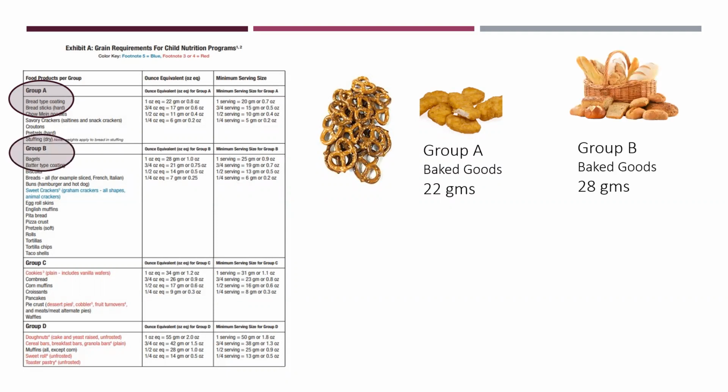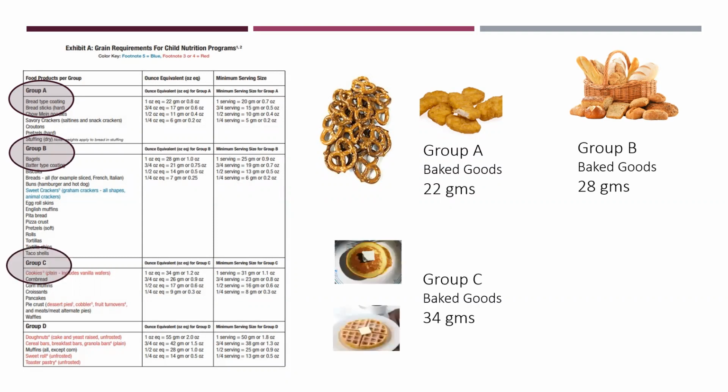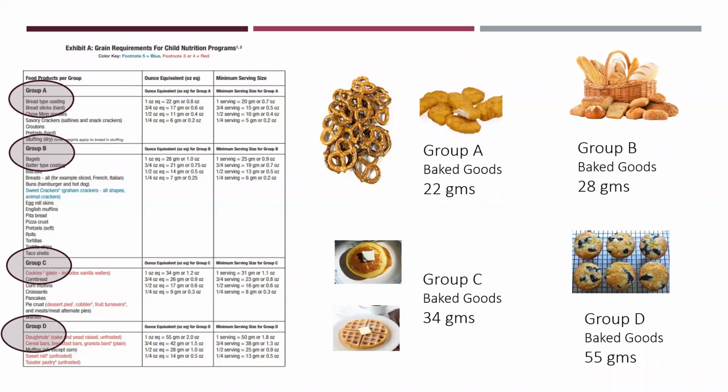Group B, some examples here include hamburger or hot dog buns, sliced bread, pizza crust, taco shells, or tortilla chips. Group C includes pancakes and waffles. Group D is where most muffins are found.